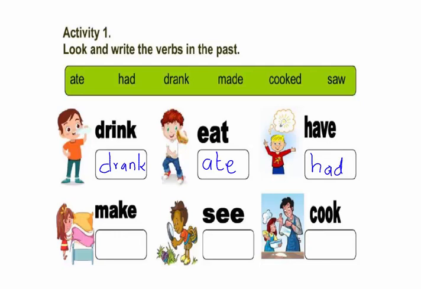Make, made. See, saw. Cook, cooked. Right. So, this is the past form of these verbs.